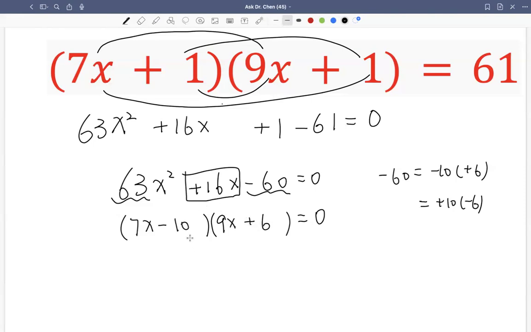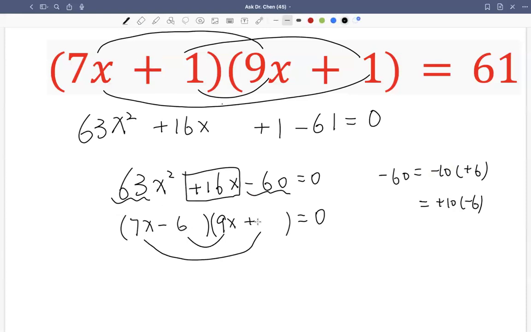So the middle term will get negative 90x, then positive 42. The difference is not positive 16. So it wouldn't work.